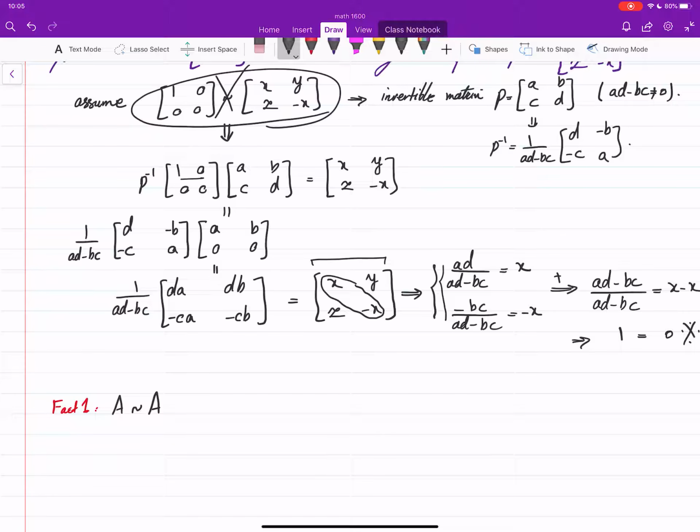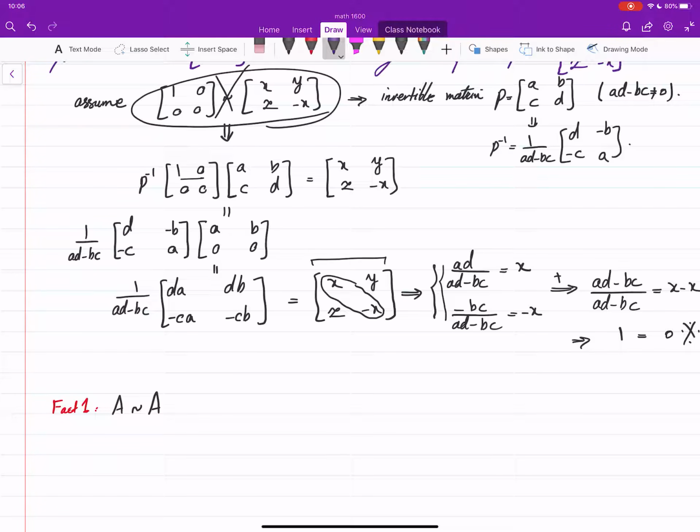This is called that the relation is reflexive. Everything is similar to itself. Why is that so? Well, it means that I have to be able to find an invertible matrix, when I do P inverse A P, I get A back.